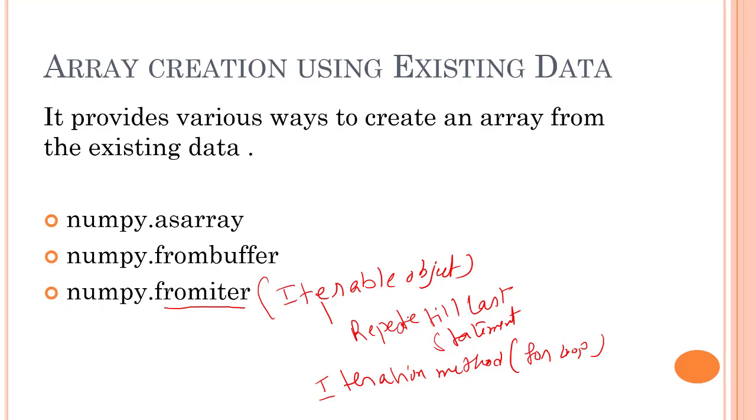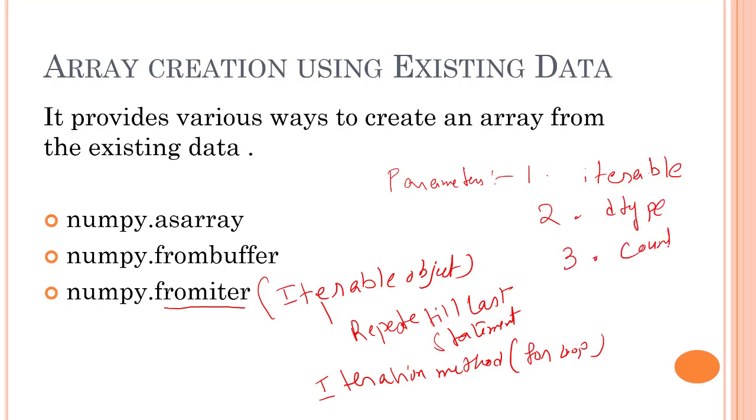It also follows some parameters. As I told you, it's an iterable, so it follows the iterable first, then your dtype. After that, it comes to your count. That is the way fromiter is mostly used.